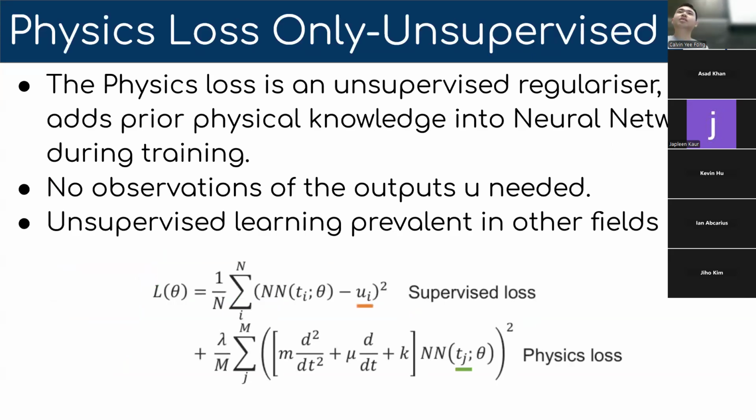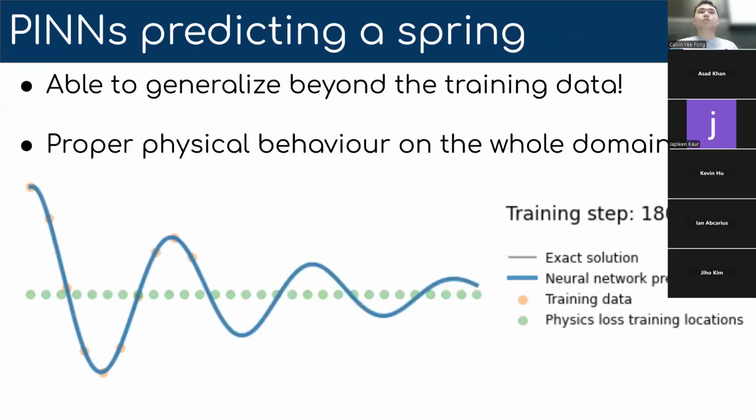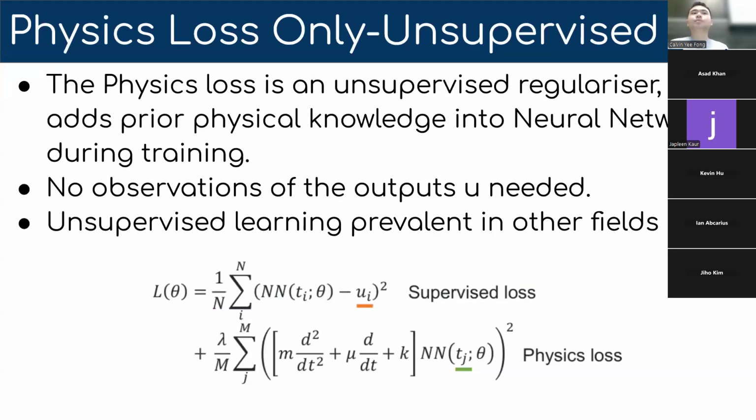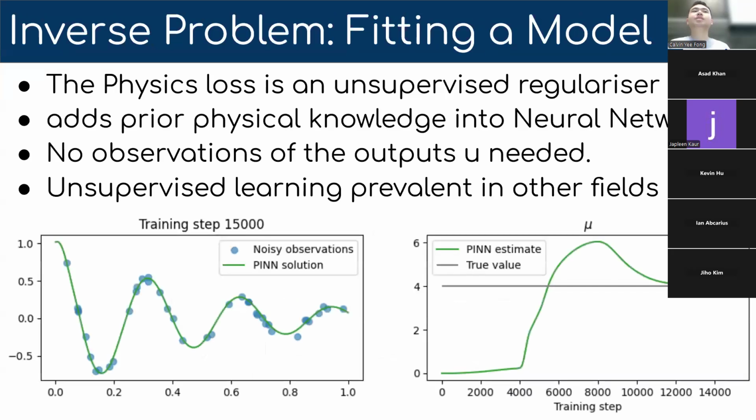Okay, any questions? So this has been PINNs applied to forward problems, where we try to predict some output of your neural network, or some differential equation. But you can also use PINNs to do inverse problems.